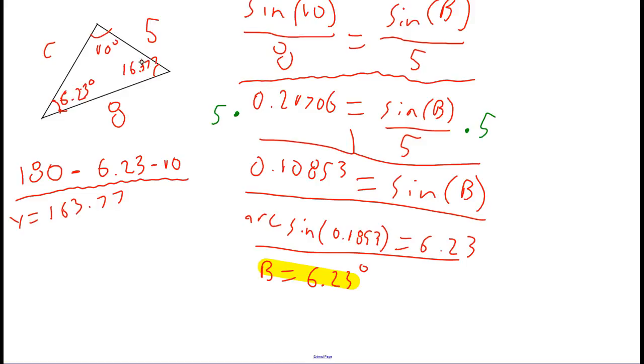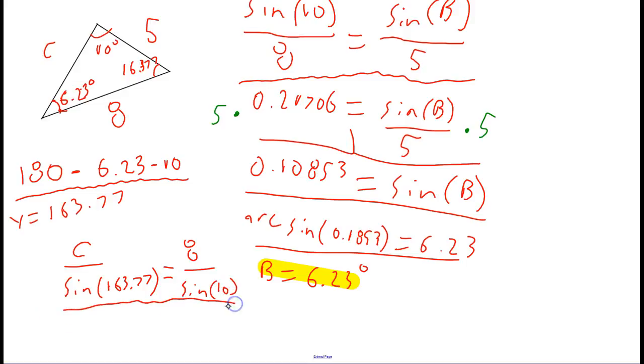Okay, so now all that's left to do is to find side C. Once again, not doing anything too different, but this one's going to work out a little bit differently. You'll see. So we'll get C over sine of that equals 8 over sine of 10, the one across from it.